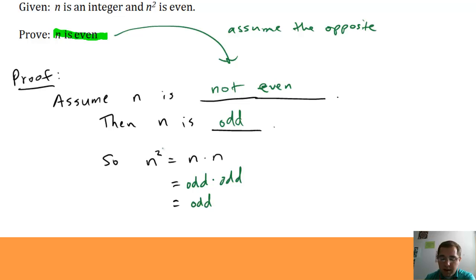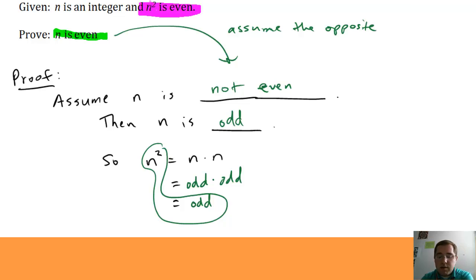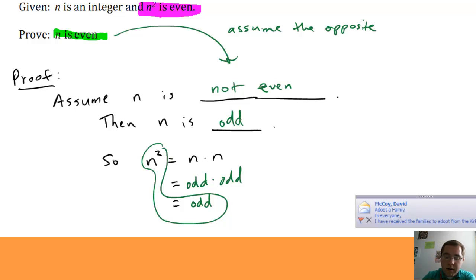So that means that n squared is an odd number. But that's a contradiction with our assumption up here that n squared is even. So we have a contradiction.